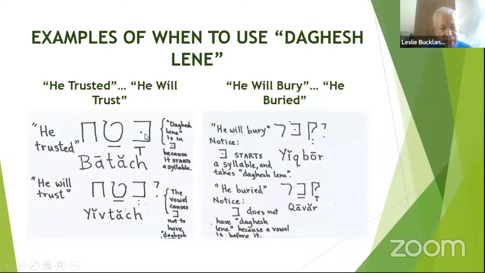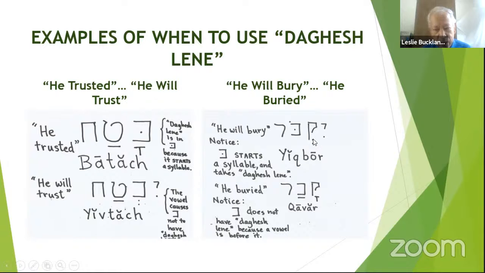And so, since it meets those conditions, including the one that there is no vowel immediately before the vase, you may ask, but Brother Buckland, what about this? This is a simple shawa. But remember, we learned last trimester that the simple shawa is not a vowel.